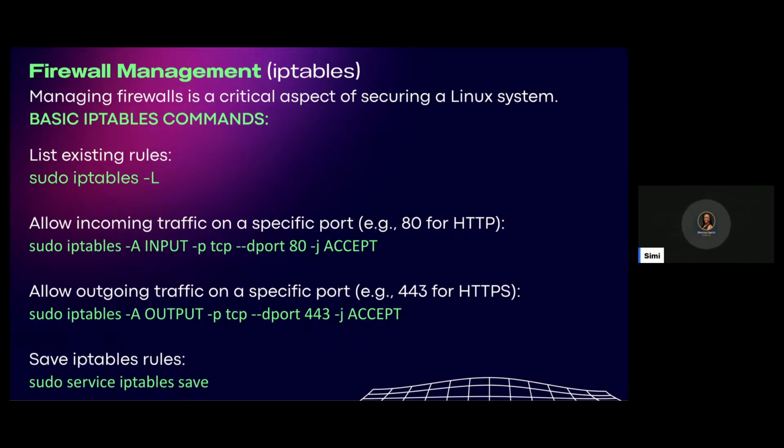So we also have firewall management, which is iptables. Just like the way you have your security group on AWS, you could also have a kind of security on your server or on your Linux environment.